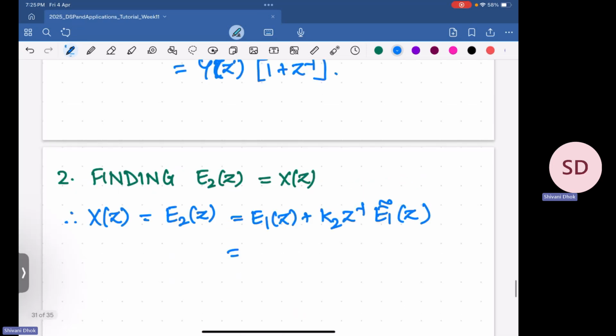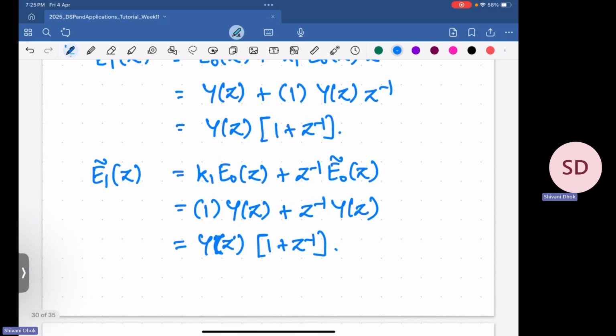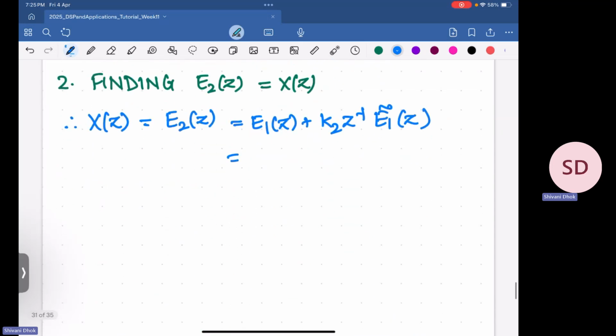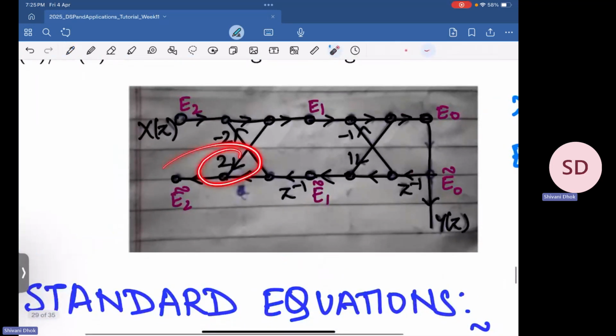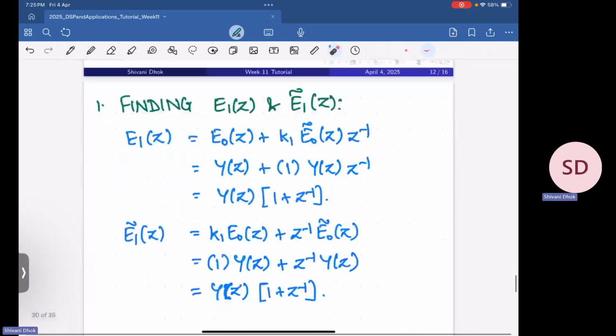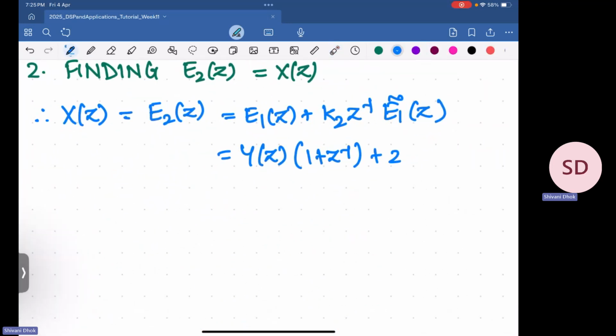What is E1 of z? E1 of z and E1 tilde of z both are y of z into 1 plus z inverse. So I can write this as y of z into 1 plus z inverse plus K2. If you observe this diagram, my K2 is equal to 2. So plus 2 z inverse times y of z into 1 plus z inverse.